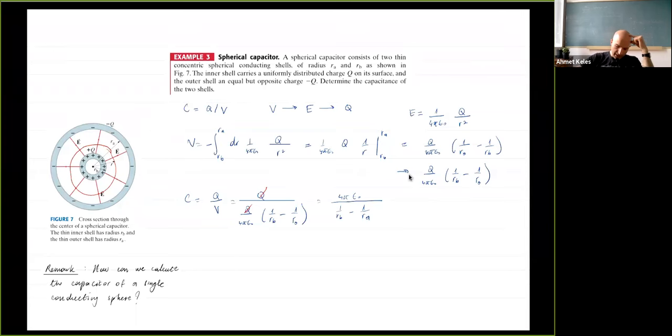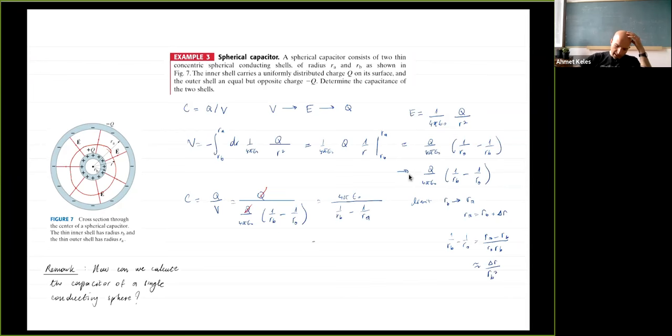I want to look at the limit in which RB approaches RA, or we can call RA equal to RB plus delta R. And in this case, 1 over RB minus 1 over RA is equal to RA minus RB divided by RA RB, and this is approximately delta R over RB squared.